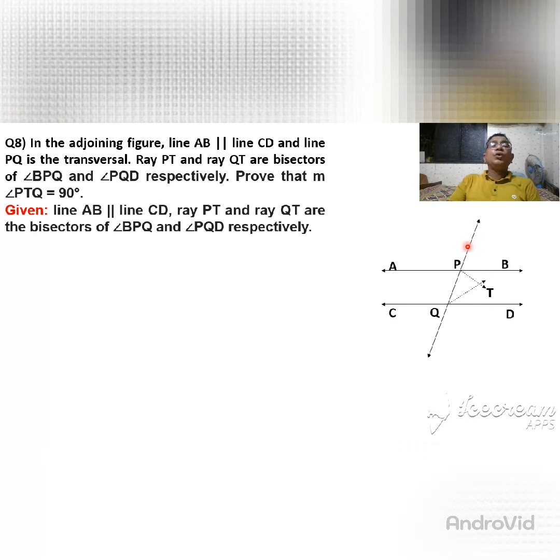Due to this transversal, this angle P and angle Q are interior angles of each other. And all of you know very well that the interior angle sum is 180 degrees.